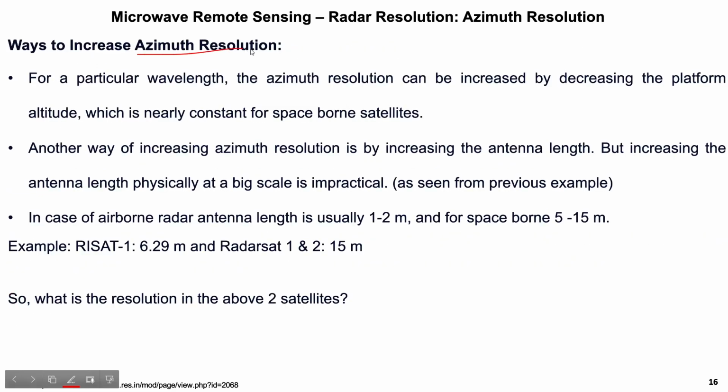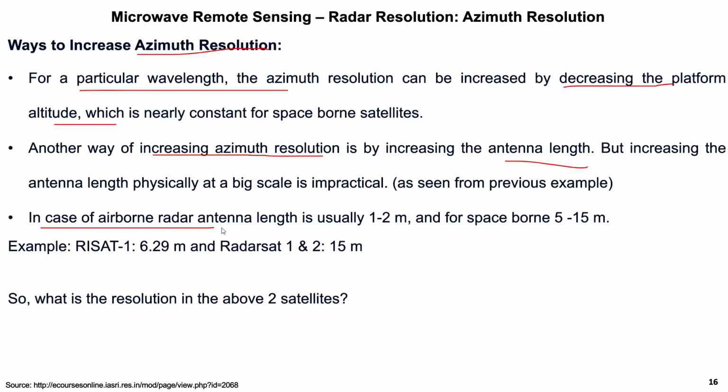So how to increase the azimuth resolution? For a fixed wavelength, azimuth resolution can be increased by decreasing the platform height, but it has its own disadvantages. Another way of increasing the azimuth resolution is increasing the antenna length, but we can do it only up to a certain extent, not to a very large extent.